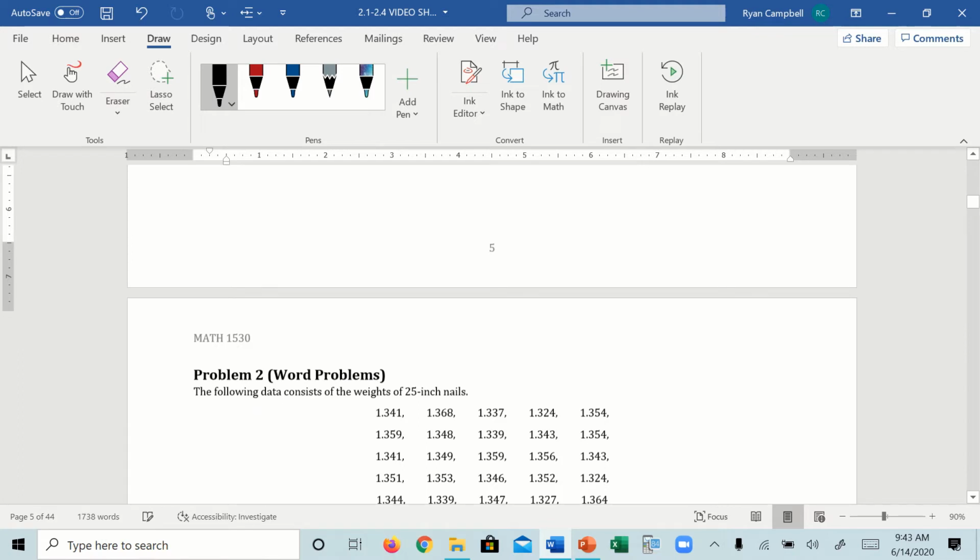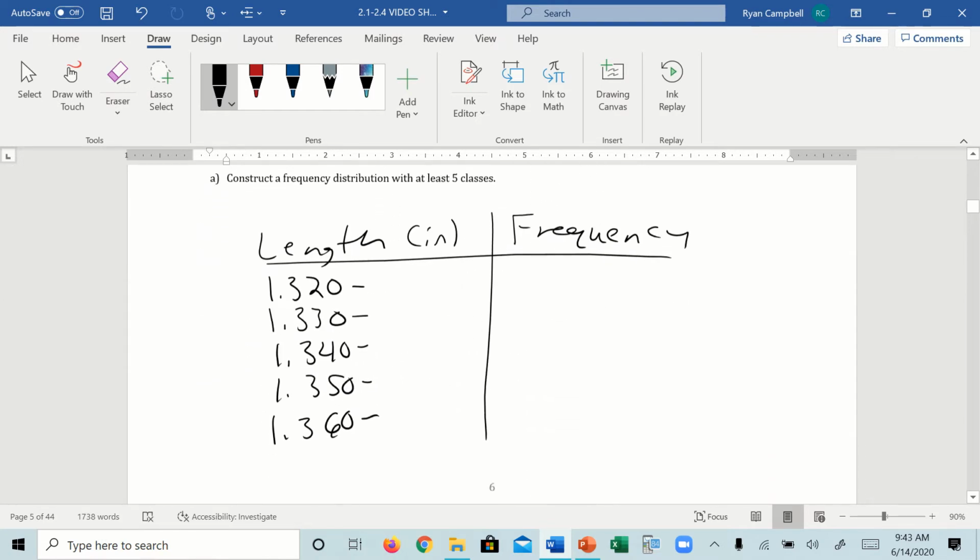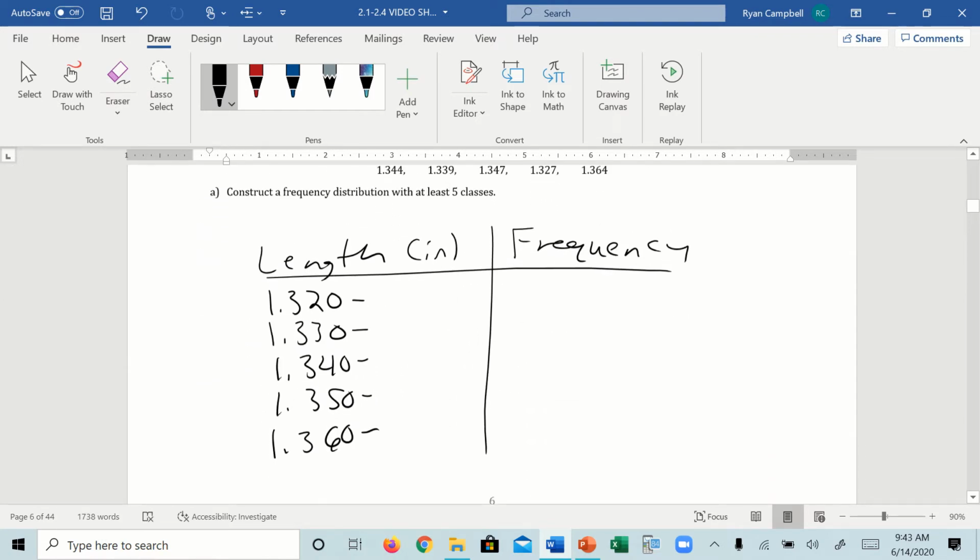So here's the example. What number comes before 1.330? Hopefully you can see it's 1.329, right? What number comes before 1.340? 1.339. And if you notice, how do we get from here to here? We just added the class width. So the next one would be 1.349, 1.359, 1.369, so on and so forth, right?